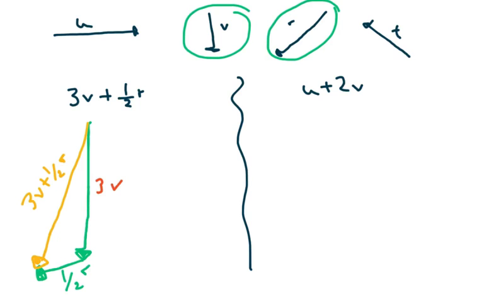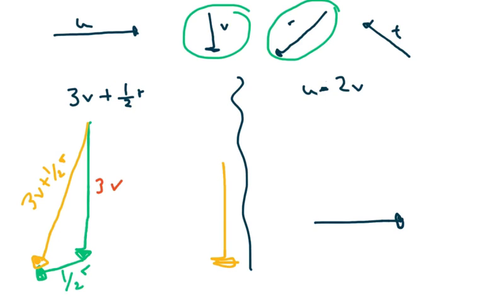Okay, now I'm going to draw U plus 2V. And I really want to make this minus, so I want to do some more minuses. So U minus 2V. So here's U. 2V, and I'll draw it again over here. 2V would go down this way twice.